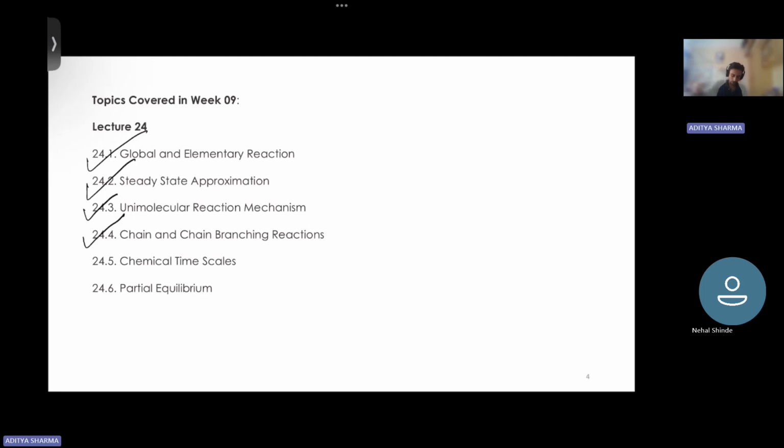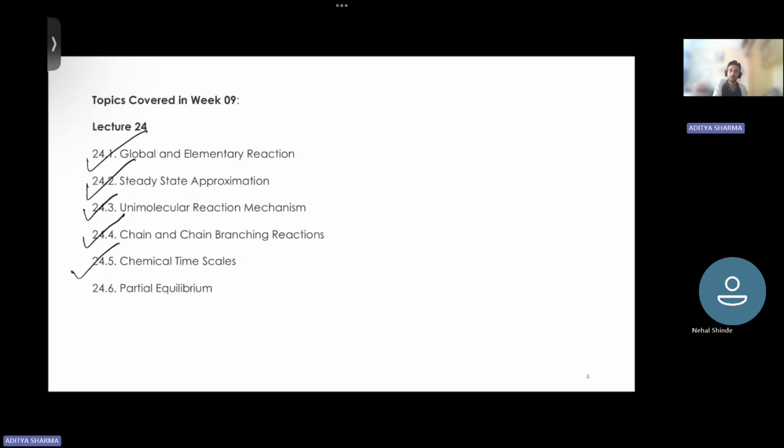The next topic is chemical time scales. Time scales are very important when we are studying chemical reactions or the rate of chemical reactions, because they enhance the analysis of our study. When we are studying some mixture and some reaction, from the perspective of mixing also, there is some time scale related to mixing.